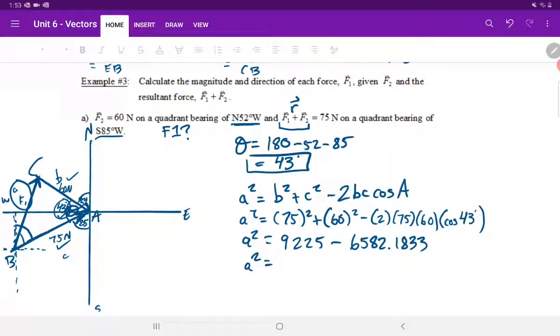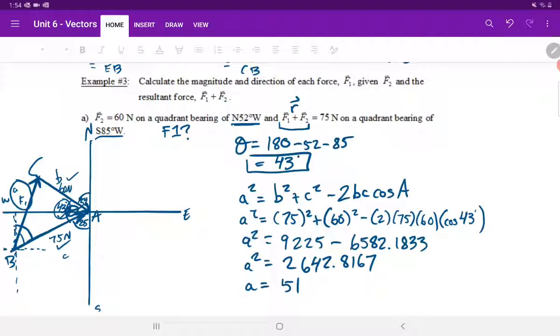Now take that value, subtract it from 9225, and you will get what A squared equals, which is 2,642.8167. Take the square root, and you end up with 51.